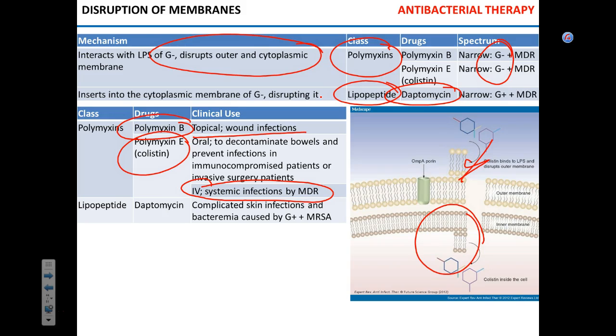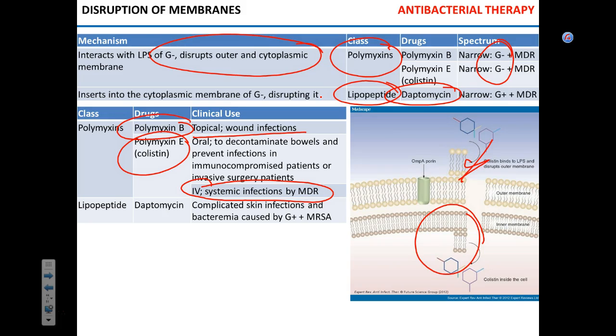Are those severe infections? Yes. So colistin is used to treat very severe infections. Okay? Polymyxin B, you can see that polymyxin B is not used internally. So these guys are not used to treat things like, I don't know, strep throat. Okay? Why?